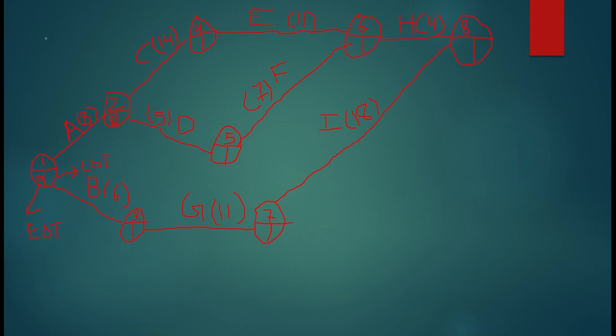For example, this activity is 1 to 2. If you want to make it a formula, we call the first one I and the second one J. So the earliest occurring time of I plus the duration of ij.